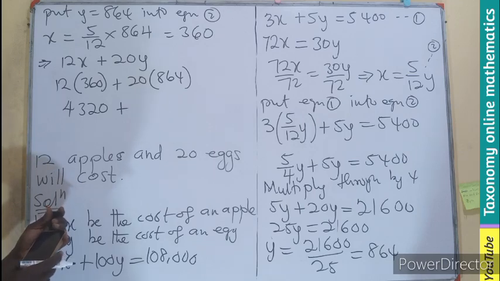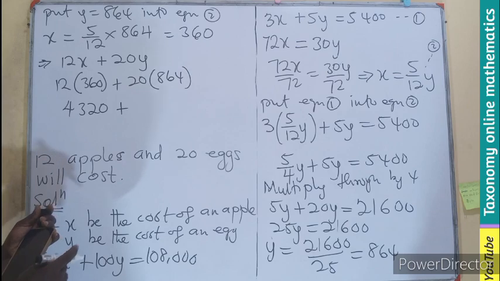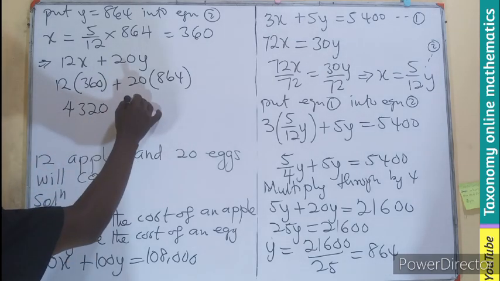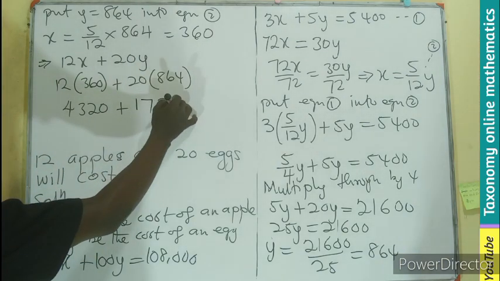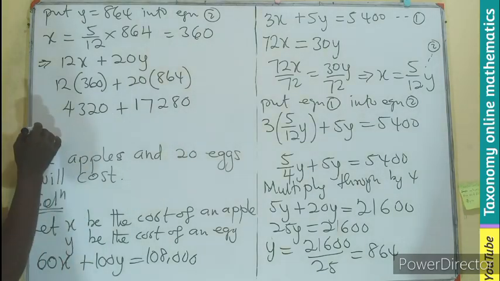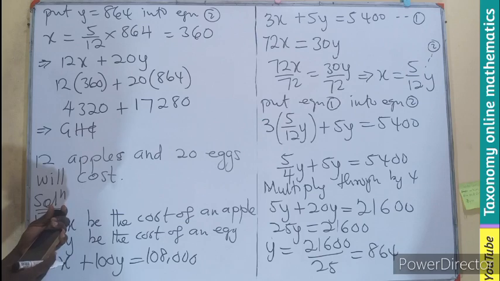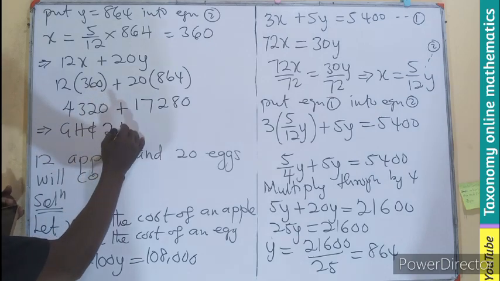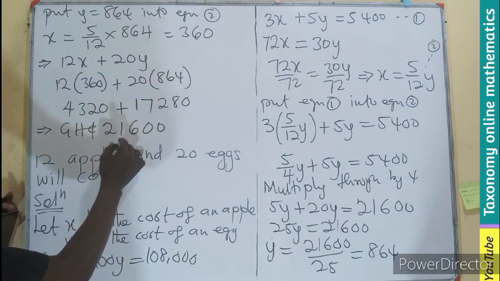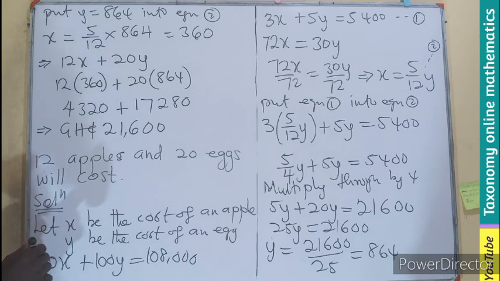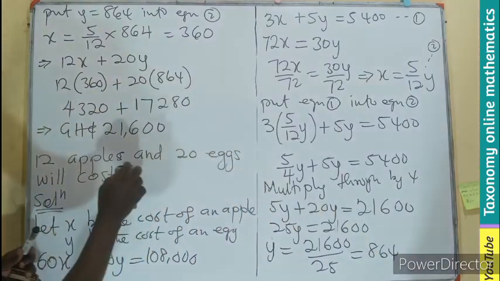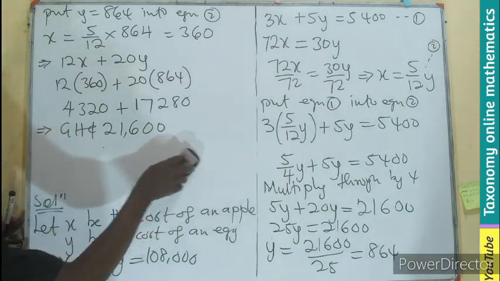Then 20 times 864 will also give us 17,280. But the total we are looking for should be in money. So we add that value to our 4,320, and that will be 21,600 Ghana cedis.